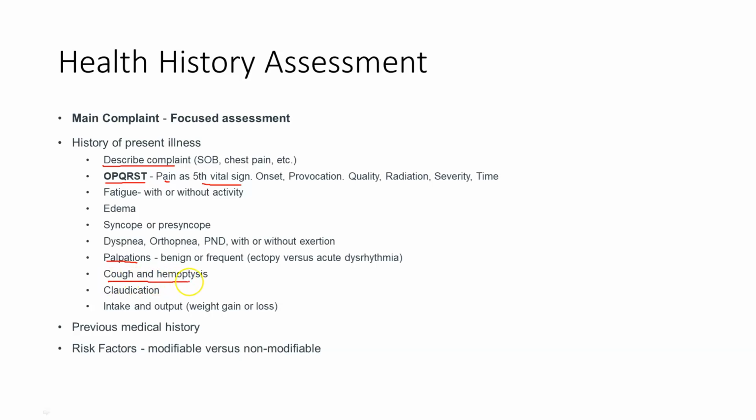Do they have a productive cough, and is there hemoptysis with it? Do I have signs and symptoms of claudication? We'll talk about claudication later, but it's basically leg pain when you walk because you have a history of PAD. And then I's and O's. We're going to talk about continuous I's and O's and daily weights.